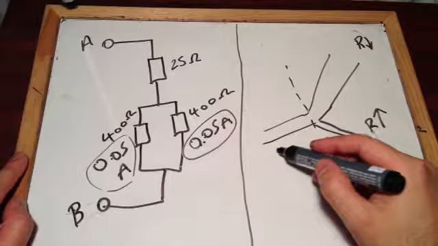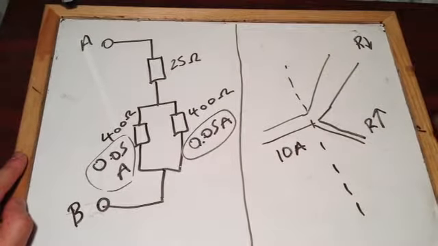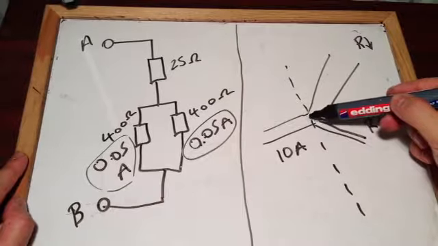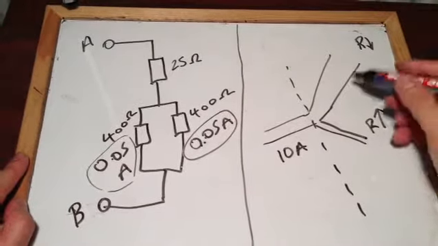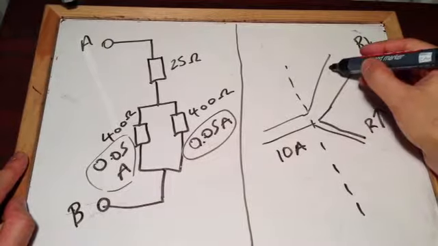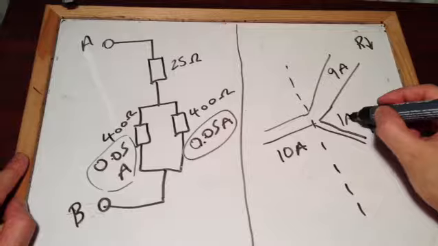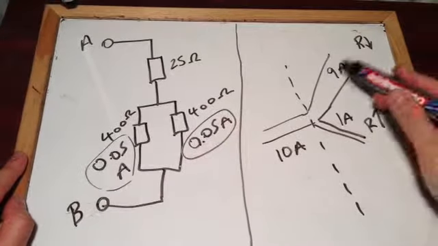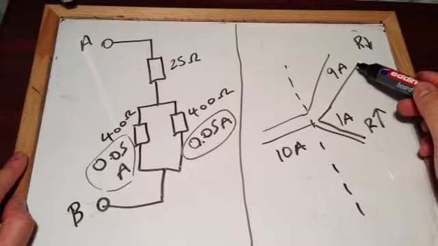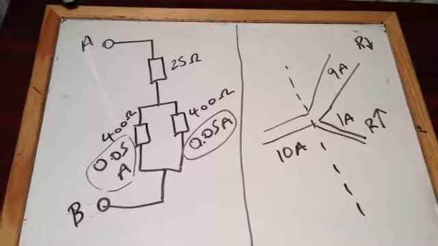If you have 10 amps worth of current going down a pathway, and it splits at a junction, because this is low resistance I'd expect about 9 amps to go down here, and because this is high resistance, only about 1 amp is going to fit down there. But the point is, 9 plus 1 is 10. I've still got 10 amps of current after the junction, and 10 amps before the junction.